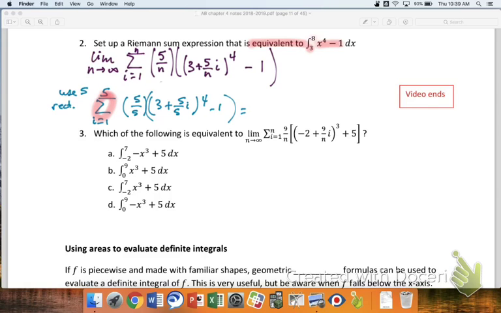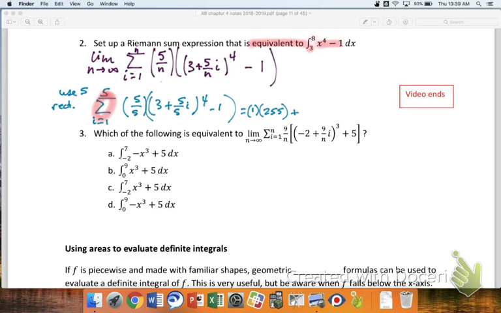So you'd start off and you'd make i 1. And so we'd say, all right, if i is 1, this equals, well, 5 over 5 is 1, and it would be 3 plus 5 over 5 times 1. Well, that would just be 3 plus 1. That's 4 to the fourth, 256, minus 1, 255. And then you'd say plus, now let's plug in a 2 for i. You'd get out a similar looking expression, and then you'd plug in a 3 for i. You'd stop when you get to 5.